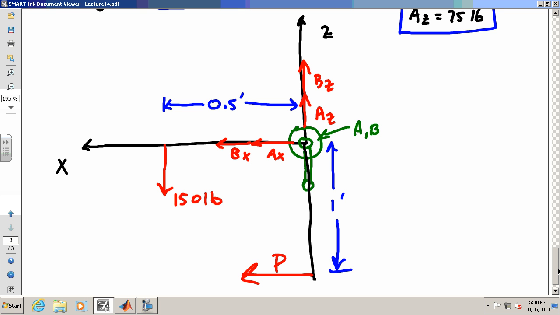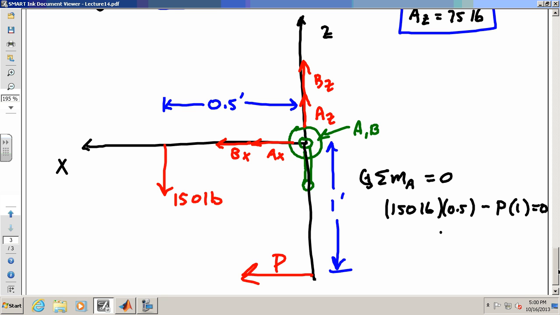I'll just call it A. So if you do sum of the moments about A equals 0, this is pretty easy. You've got a 150-pound force, which has a half a foot distance to A. That's a positive moment. Minus P times 1 foot equals 0. Therefore, P is equal to 75 pounds.